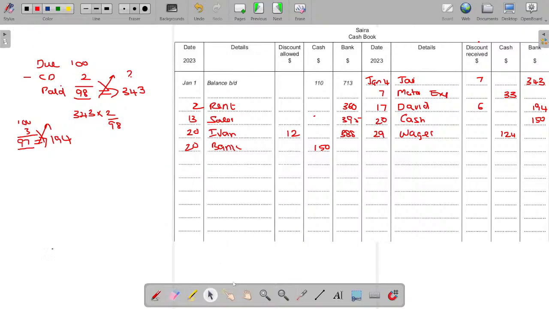Now, let's try to solve this. In case of discount allowed and discount received, it is going to be tallied, 12 and 13.